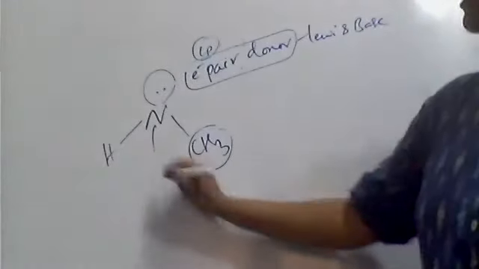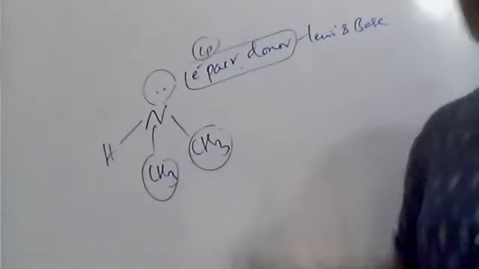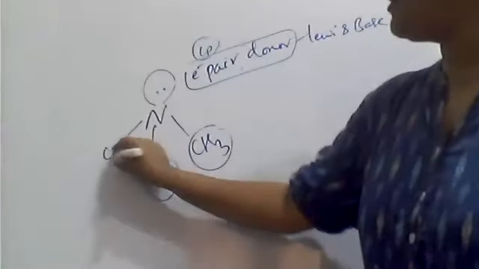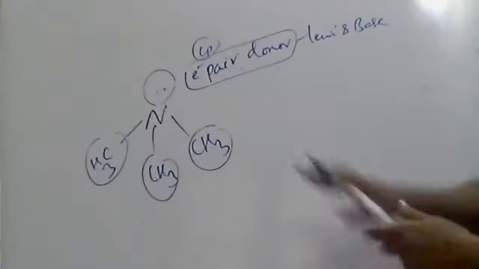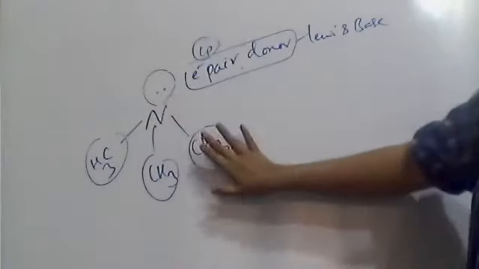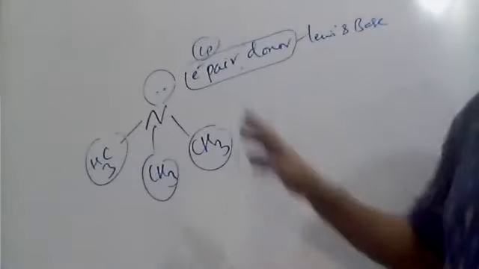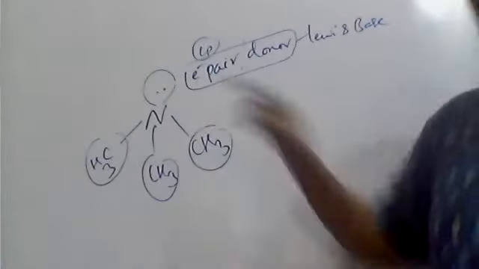If two carbons are attached to nitrogen, secondary amine. In the same way, you can replace with the third one, it is called a tertiary amine. So primary amine RNH2, secondary amine R2NH, tertiary amine R3N.